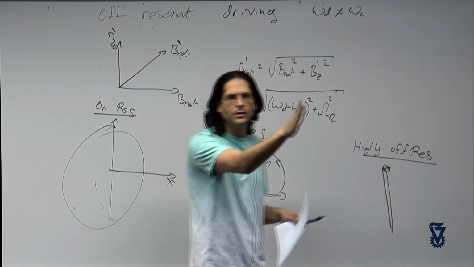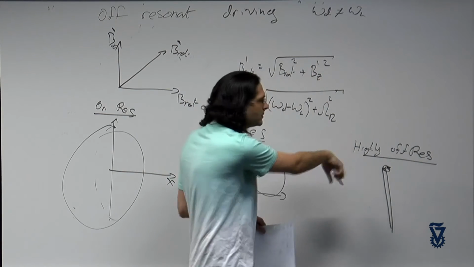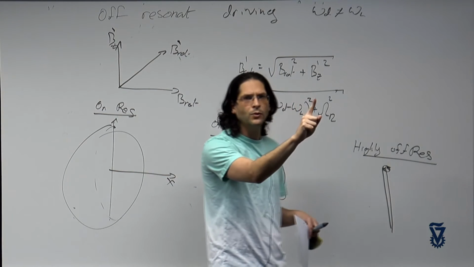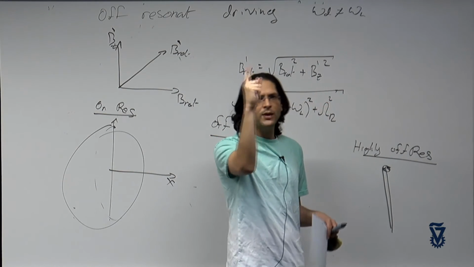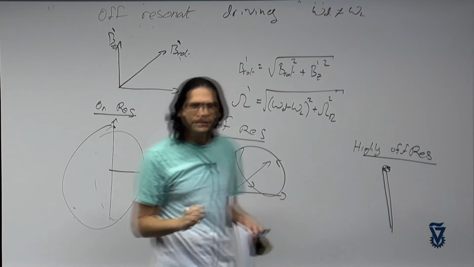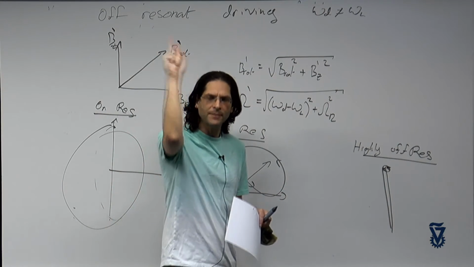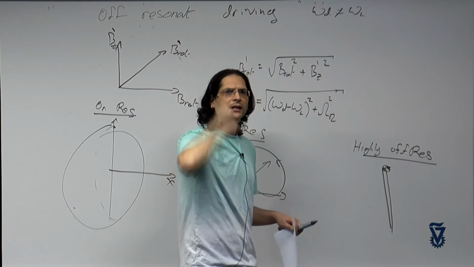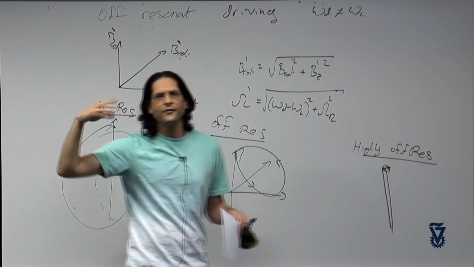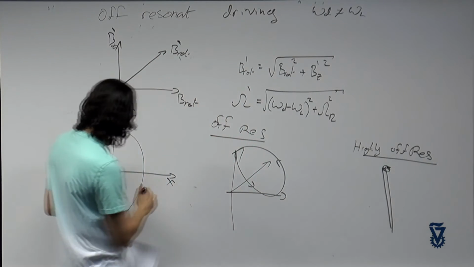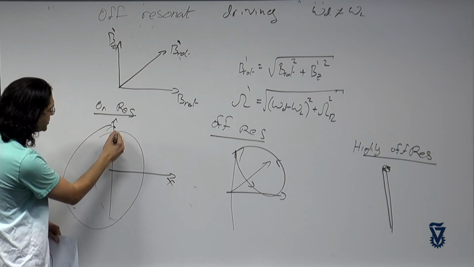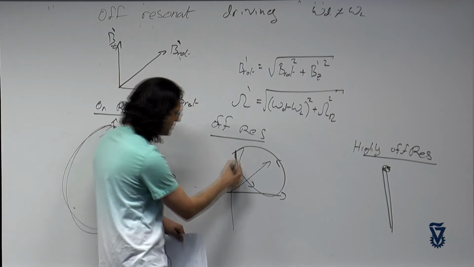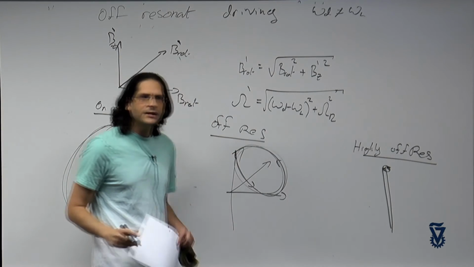Basically, it's just like an added DC field. So if you have a very, very large detuning, you're highly off resonant, and you're not doing anything basically to the magnetic moment. Think about the AC field as something that can drive power: on resonance, it's going to be flipping the magnetization. As you go off resonance, your effect is getting smaller and smaller. You're coupling the most energy when you're on resonance, but as you go off resonance, you're getting less and less in.